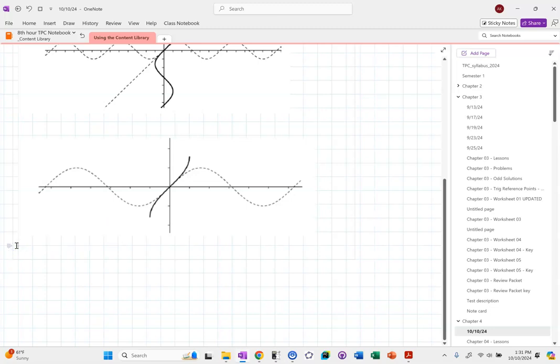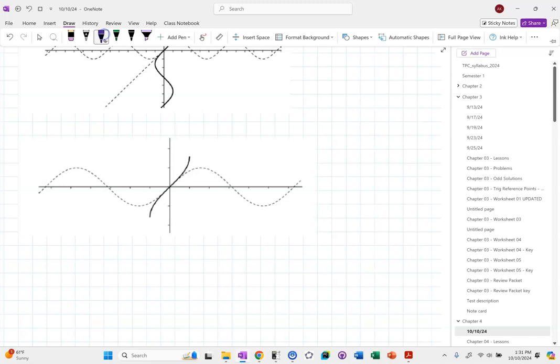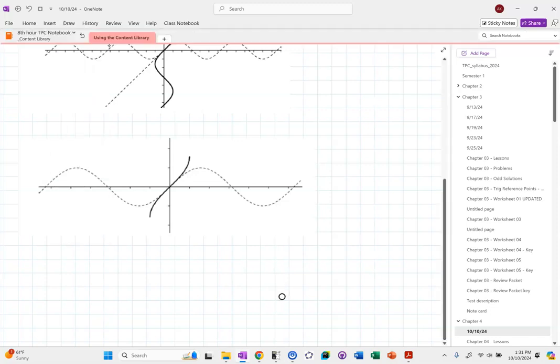What did you notice about this one? Is that bold-face graph a function? Yes, right? That passes the vertical line test. We're all good. What's the drawback? Well, its domain and range are restricted. So we're going to call this graph sine inverse.